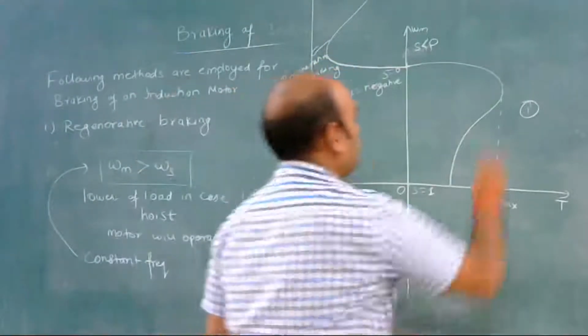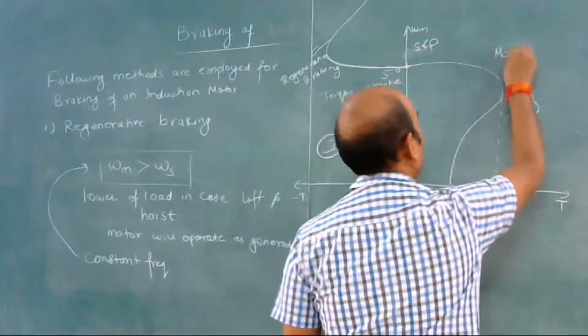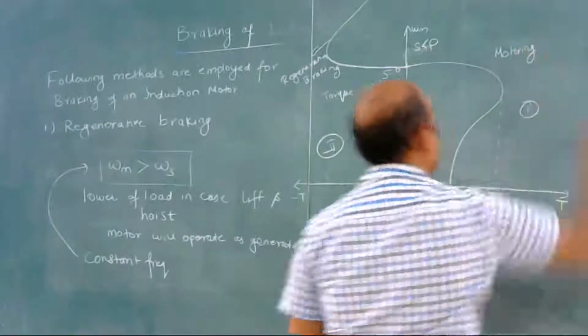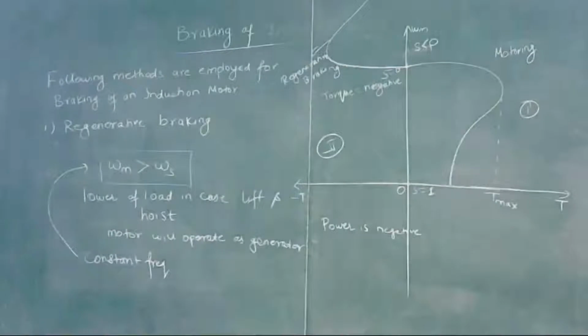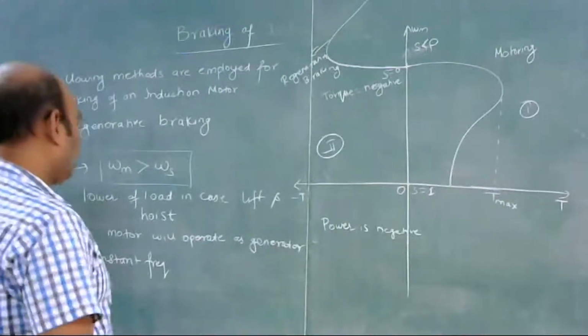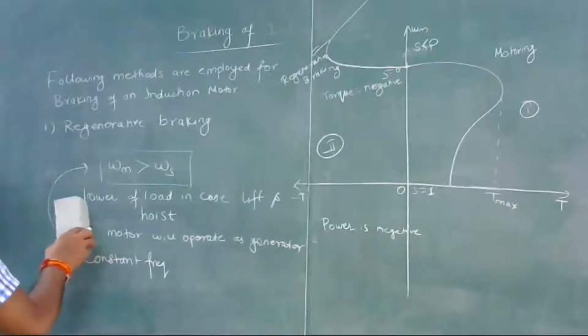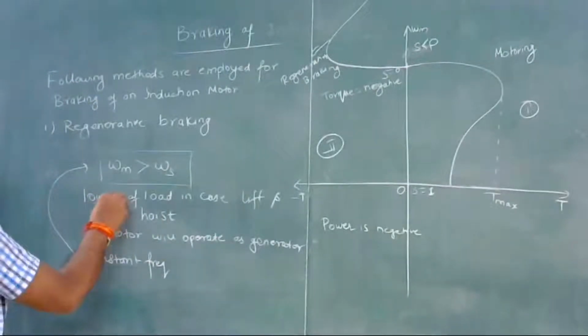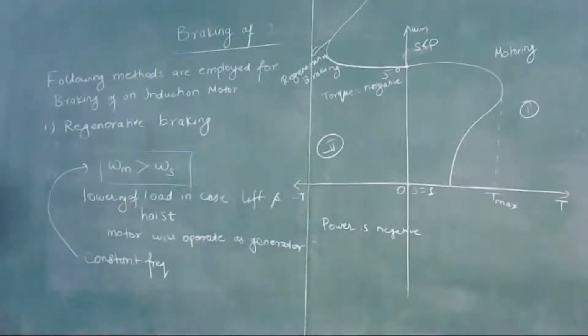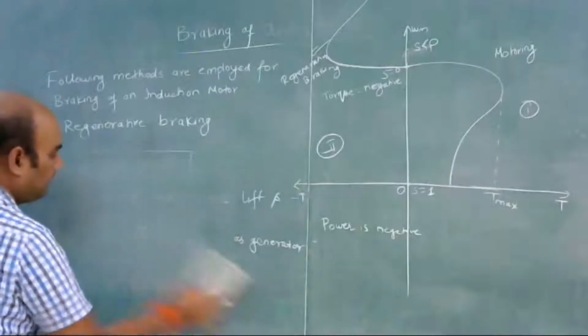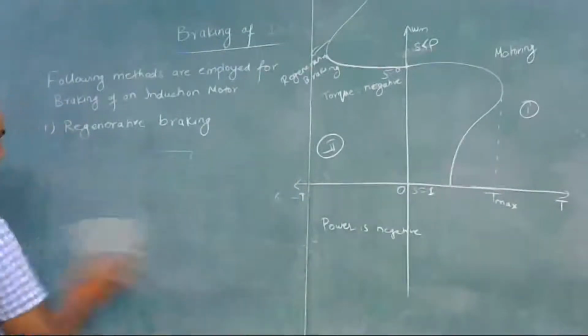And this first quadrant is of motor. So, when there is a lowering of load in case of a lift and hoist, how do we make the speed greater than the synchronous speed?